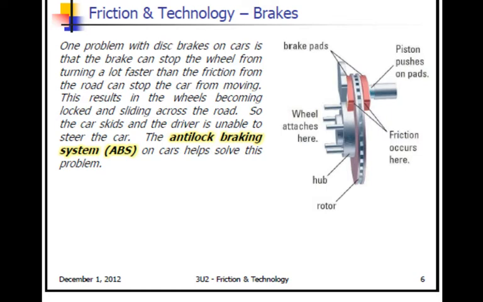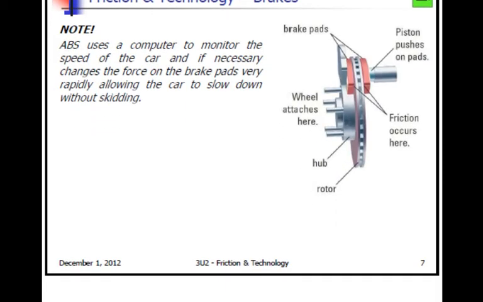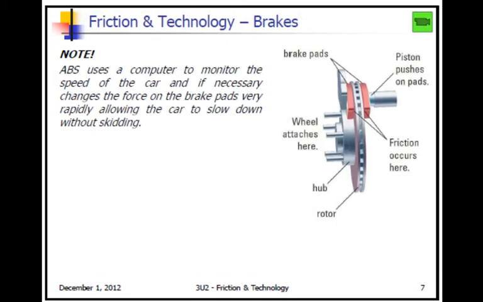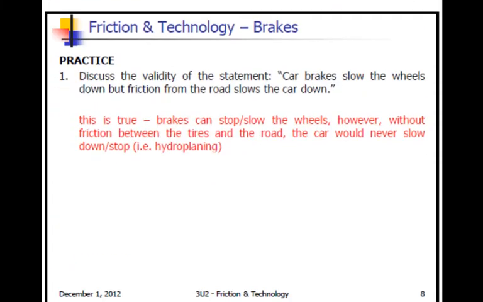So instead of the brakes just completely stopping your wheels from moving, they sort of pump the brakes to slow the wheels down, so that the tires on your car can also experience friction to slow them down. Nowadays, this is all done electronically. So ABS uses a computer to monitor the speed of the car and, if necessary, changes the force on the brake pads very rapidly, allowing the car to slow down without skidding.